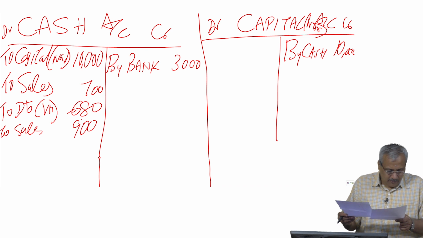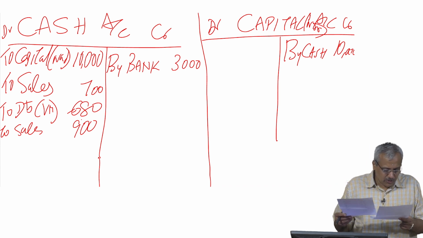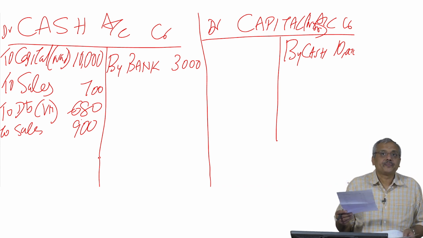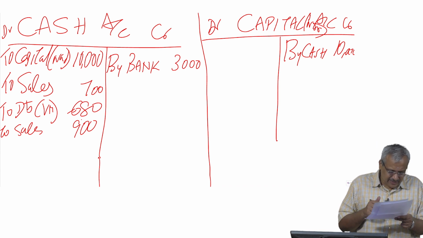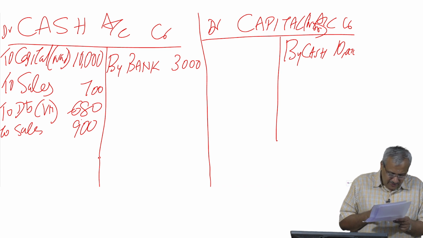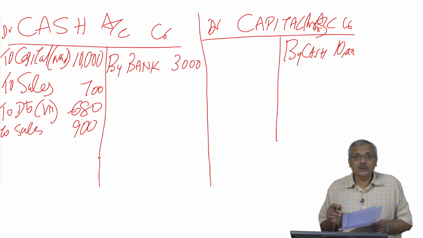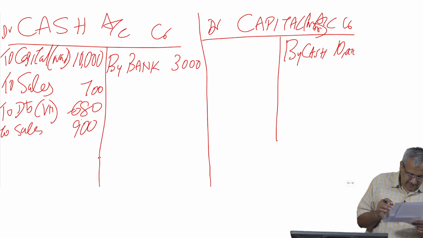Moving on, the 14th transaction: sold goods to Chandrasekhar on credit. What did we do? We said debtors account debited to sales account, that is Chandrasekhar's account.